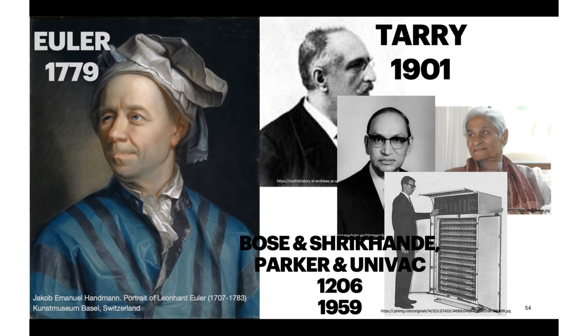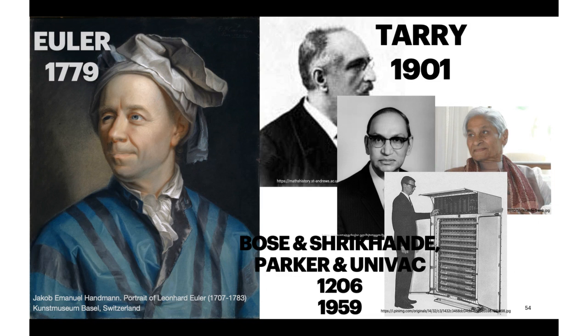And of course, Parker used UNIVAC. Unfortunately, I could not find an image of Ernest Tilden Parker, so it's just a random guy standing next to UNIVAC. This is how the story unfolded for almost 200 years.